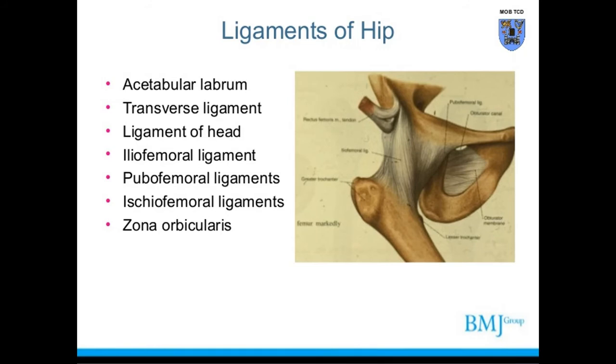The other ligaments, besides the joint capsule, are the acetabular ligament, the transverse ligament, the ligament of the head, the iliofemoral, pubofemoral, ischiofemoral, and the zona orbicularis. The first three ligaments we have seen already. The acetabular labrum we have seen.